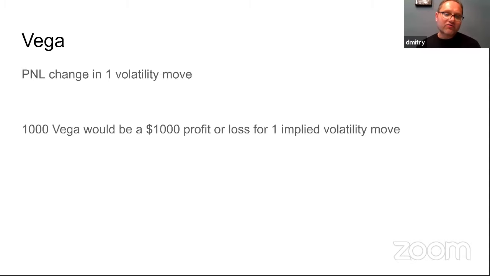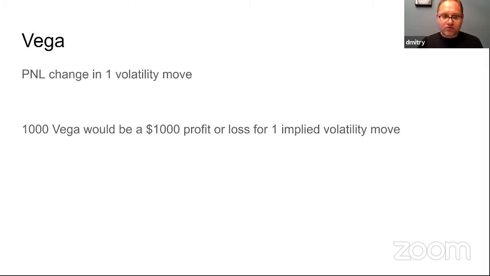What is your Vega? Your Vega is, if you sum up all your options, whether you own options or sold options, whatever your net Vega is, that is how much risk you have if the implied volatility moves up or down one click, right?